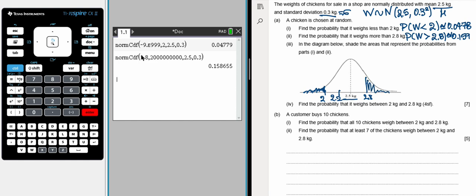Okay, find the probability that it weighs between 2 and 2.8. I can use the same CDF above, perhaps there are other ways too, but that's already easy enough.